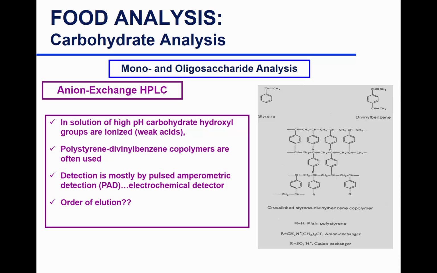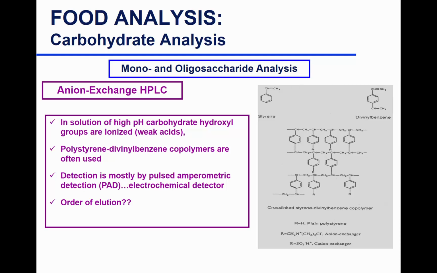What do you think the order of elution is in this case? Which ones will tend to be more charged at high pH, carry more charge? Oligosaccharides, disaccharides, or monosaccharides?